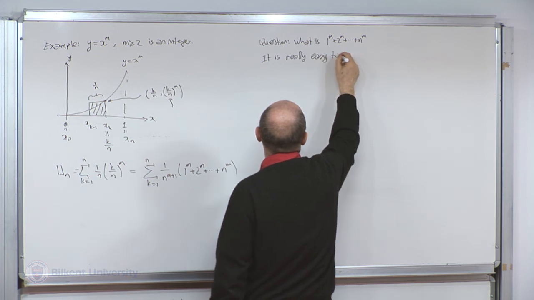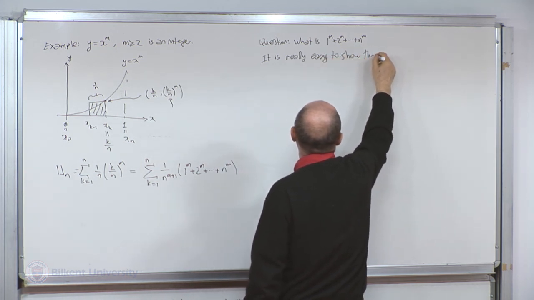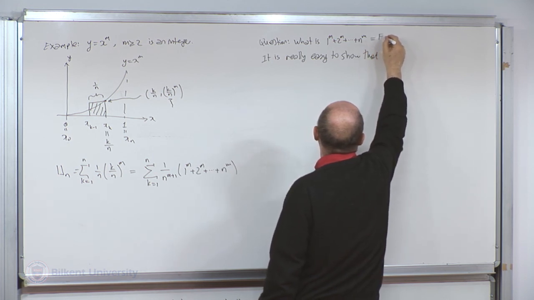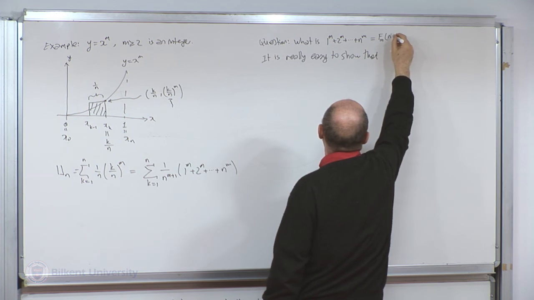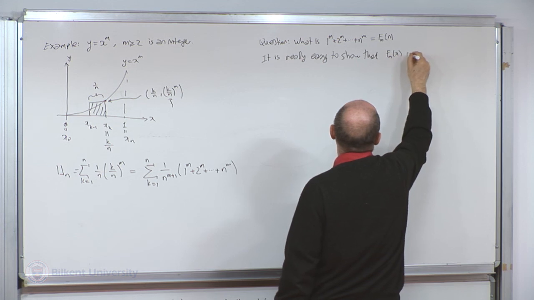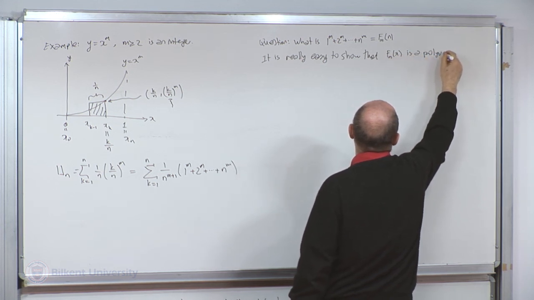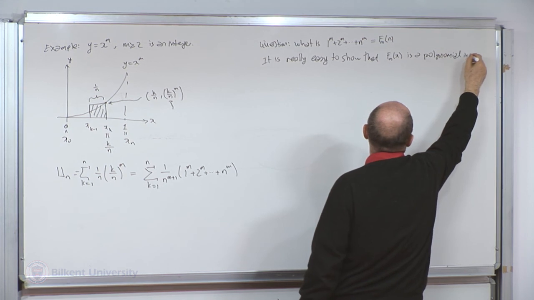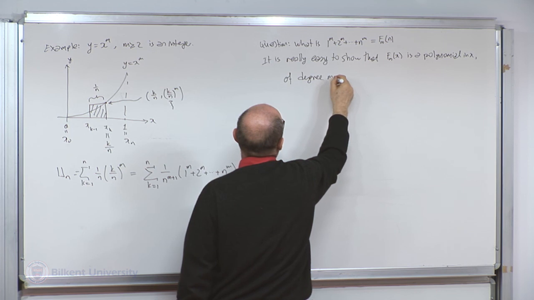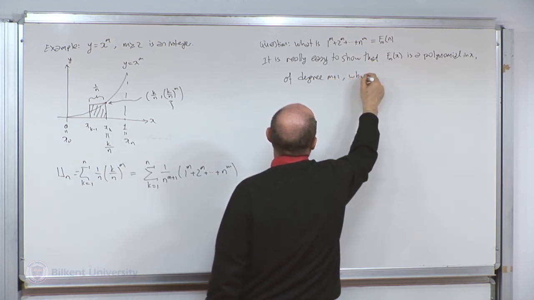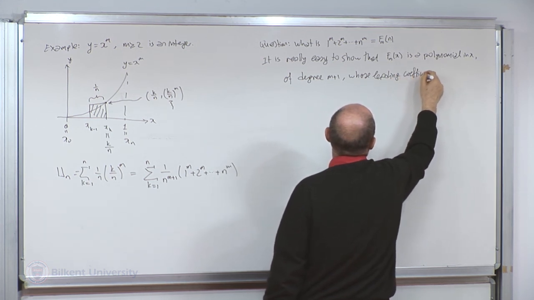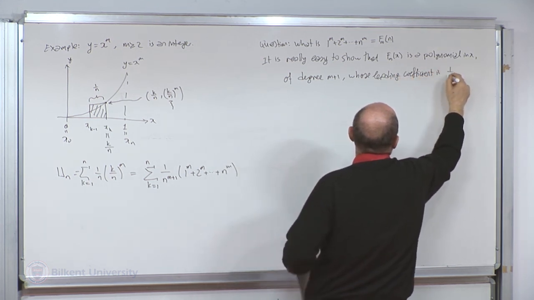It is easy to show that, let's say this is a function f, m is fixed and n changes, that f_m(x) is a polynomial in x of degree m plus 1, whose leading coefficient is, I think, 1 over m plus 1.